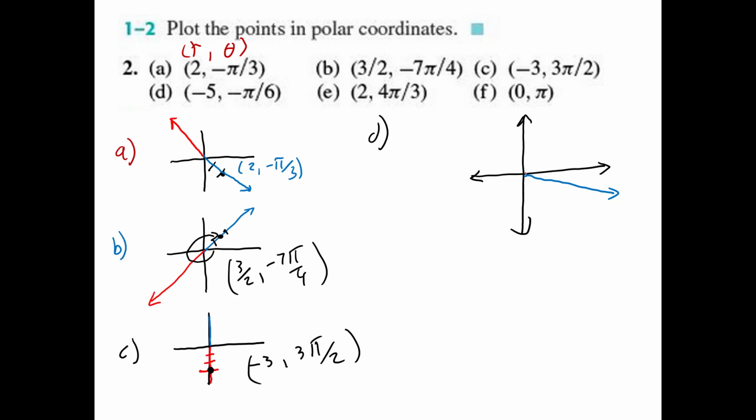Your negative x-axis ends up here. And you are walking 5 units in the negative direction. So 1, 2, 3, 4, 5. And there you go. And this will be negative 5, comma, negative pi over 6.